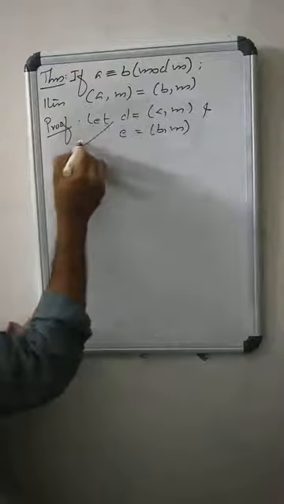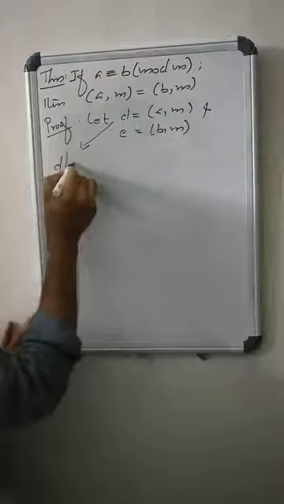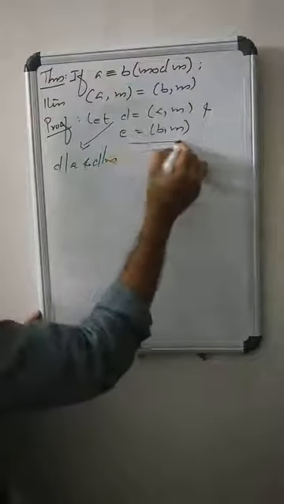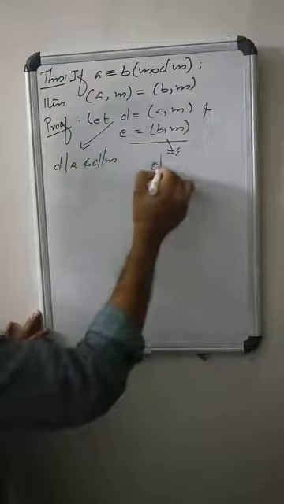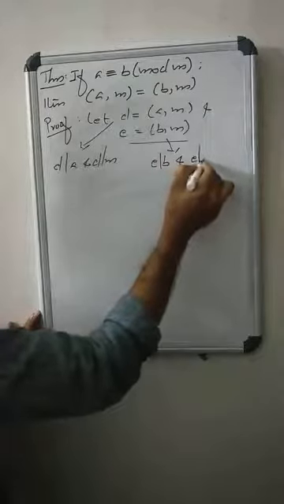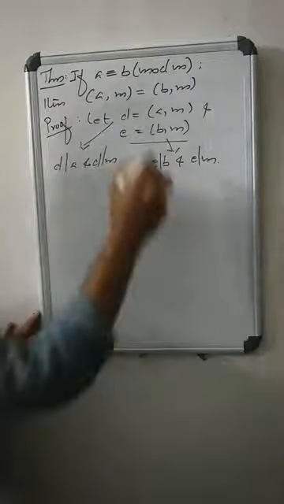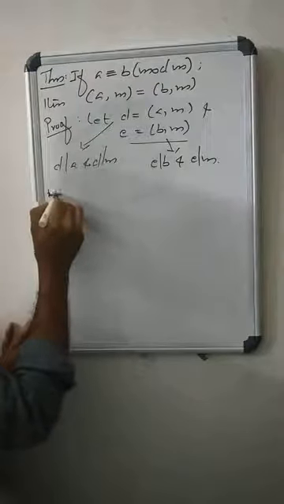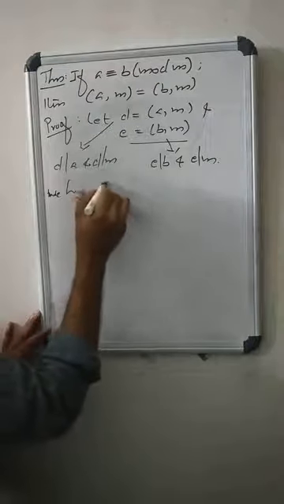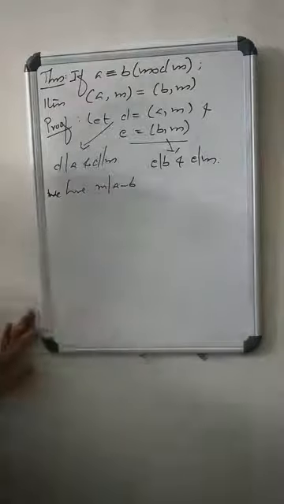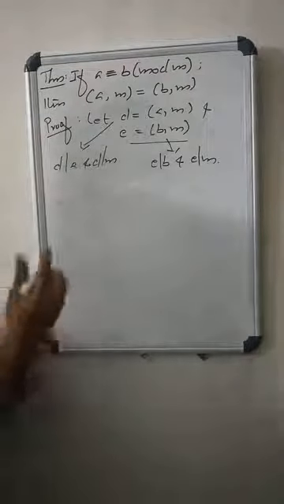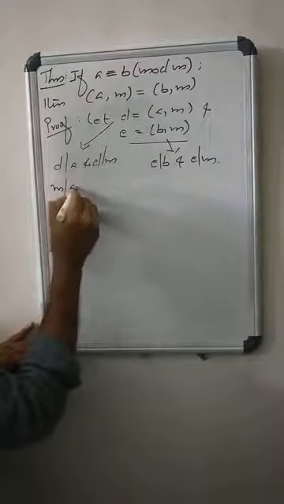D is the GCD of A and M means D divides A and D divides M. E equals the GCD of B and M means E divides B and E divides M. But A is congruent to B mod M, which means M divides A minus B.